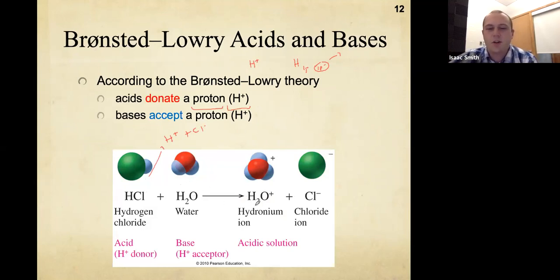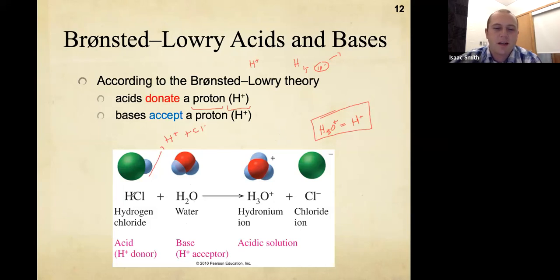And so you have this hydronium ion. You will also see hydronium interchanged with H plus sometimes. Okay, these are essentially the same thing for what we're looking at here. You just see hydronium because we're mixing it with water here. And so water will actually accept that proton.